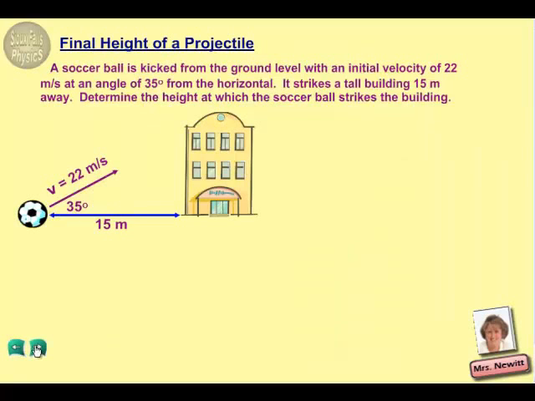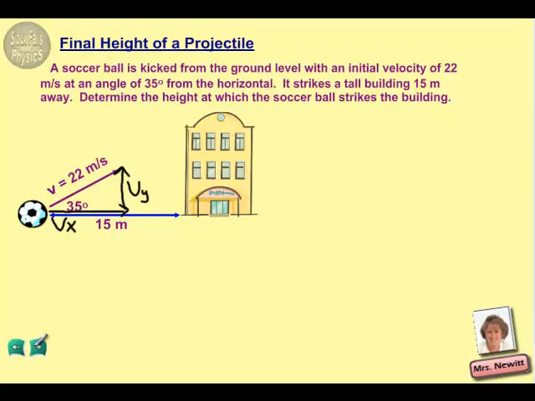Well, as with any of these types of projectile problems, the first thing that we want to do is find our components of the velocity. So here we can see that we have an x component of the velocity and a y component of the velocity, and that together our resultant is 22. We will be needing both components, so we'll solve for both.